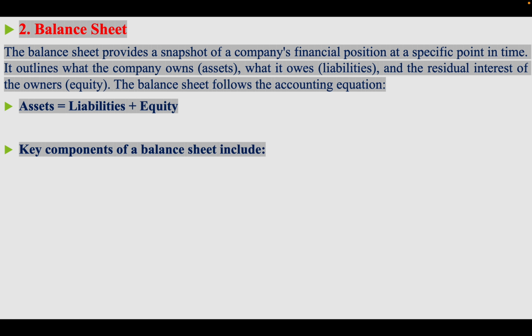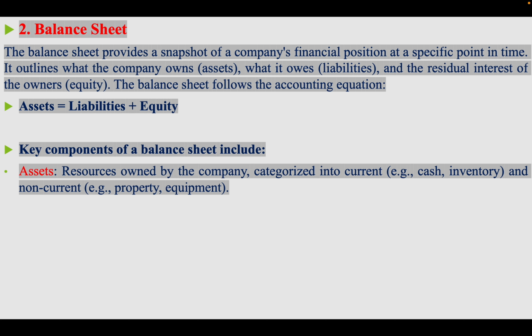Key components of balance sheet include assets, resources owned by the company, categorized into current, that is cash or inventory, and non-current, that is property, equipment.